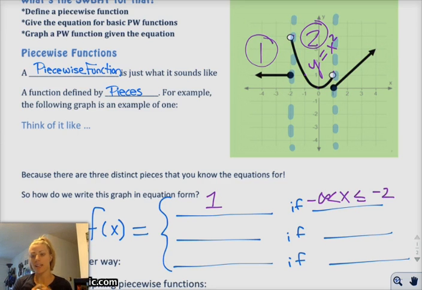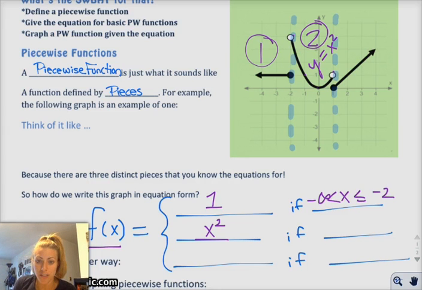So it's not stretched, it's not shifted. It's just your basic parent parabola. So the equation of the function is x squared. Normally I would say that's y equals x squared, and so therefore I have y equals x squared. It's just in a chunk.